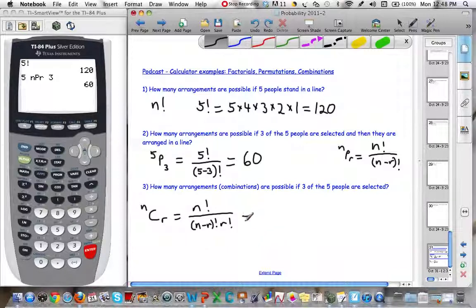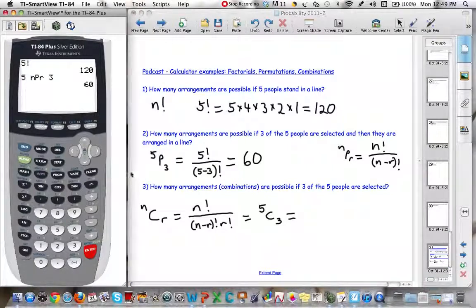In our specific example, we are talking about the selection of 3 people from a group of 5, and once again we'll use the TI calculator to make the calculation efficient. And so 5, we go into the math menu, scroll to the left, probability. We're now interested in the third option, which is nCr, number of combinations, and we will type in 3.